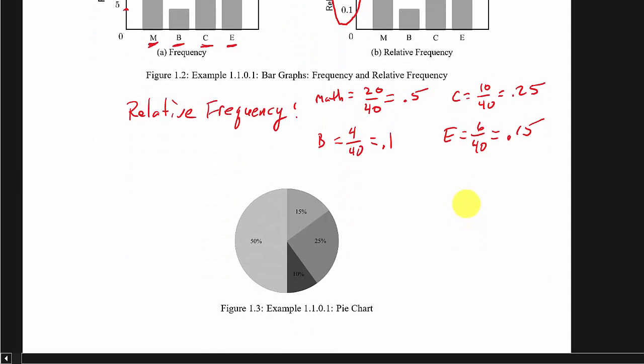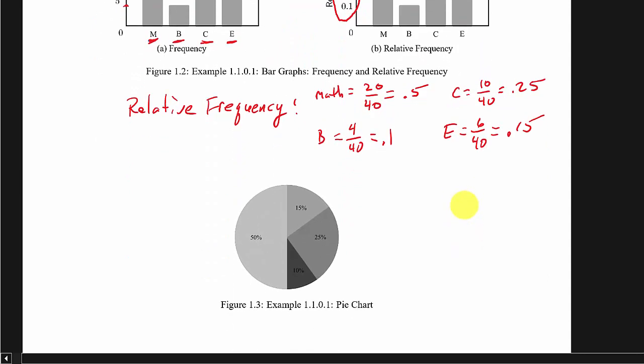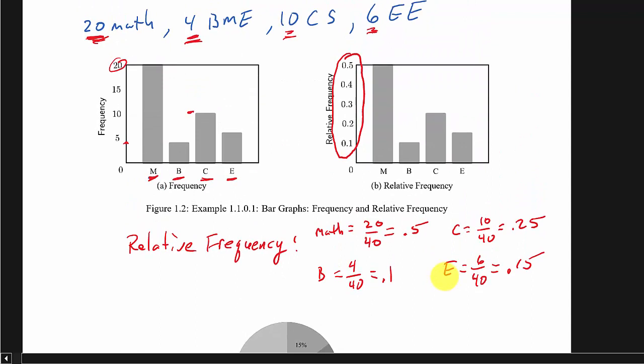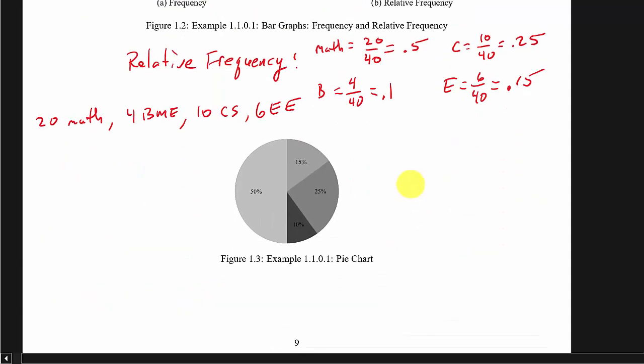Okay. Now we have a pie chart. All right. So let me go ahead and write this down again. So we'll have it down here. 4 BME, 10 computer science, and like I said, this right here is a very brief description. It doesn't get into a lot of detail at all. All right. So here we have a pie chart. So how do we draw this pie chart? Well, I'm not going to go over how to draw the whole thing.